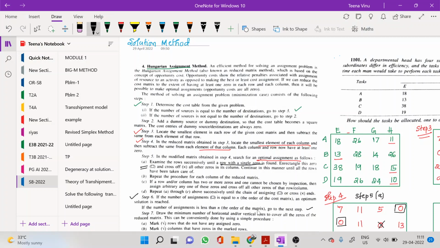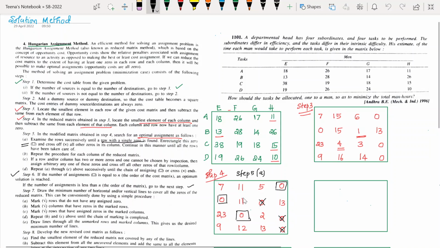Okay, now let me read this step 7 and simultaneously we can apply it. Step 7a is: mark rows that do not have any assigned zero. See, for the first row there is an assigned zero.